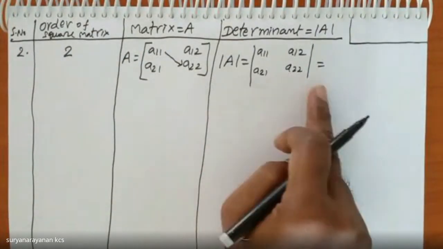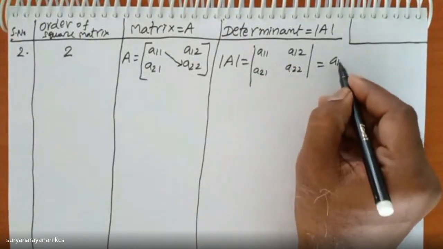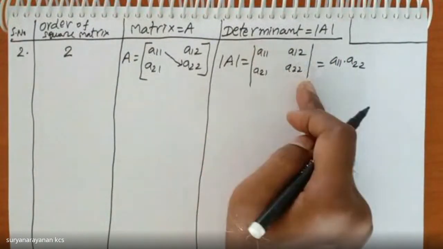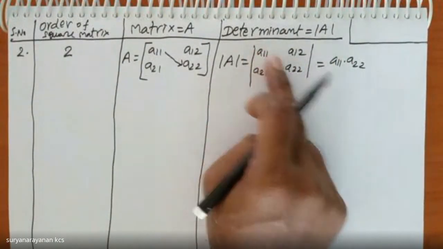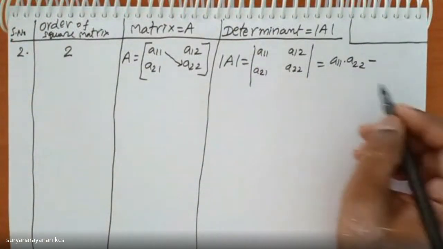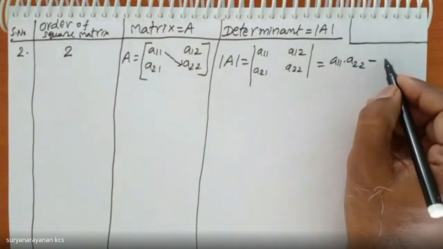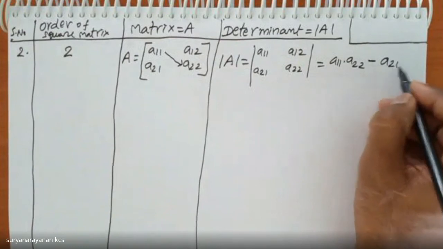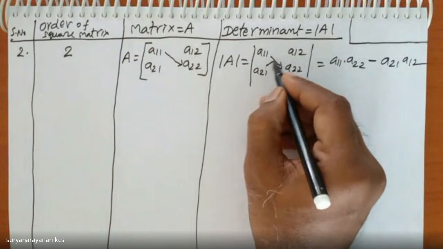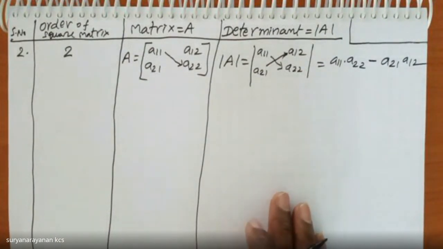A11 into A22, this diagonal's elements should be multiplied, minus, keep the minus sign, and multiply these two elements in this diagonal, A21 into A12. Understood this point? Yes, sir.